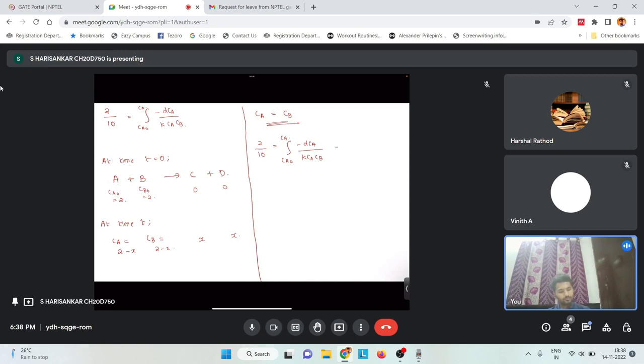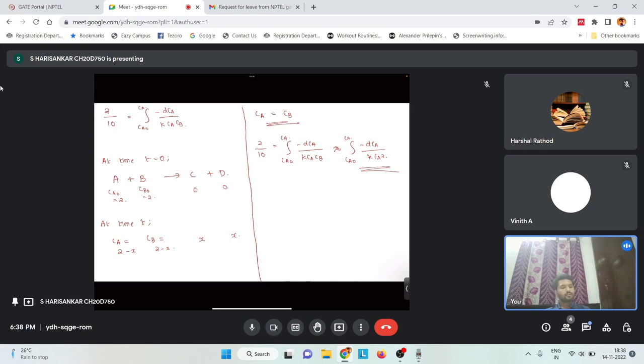So this will be integral Ca0 to Ca minus dCA by kCa square. So this will be our new design equation with only Ca term in our design equation.